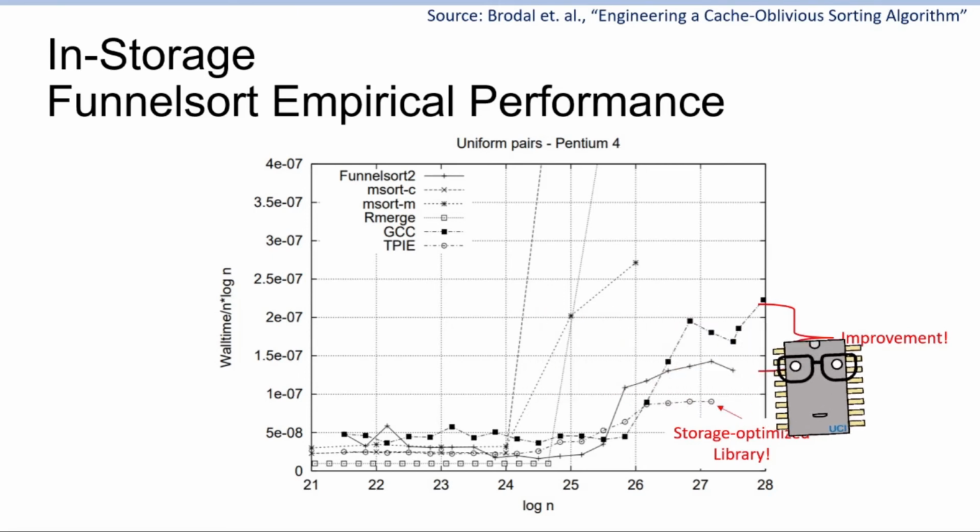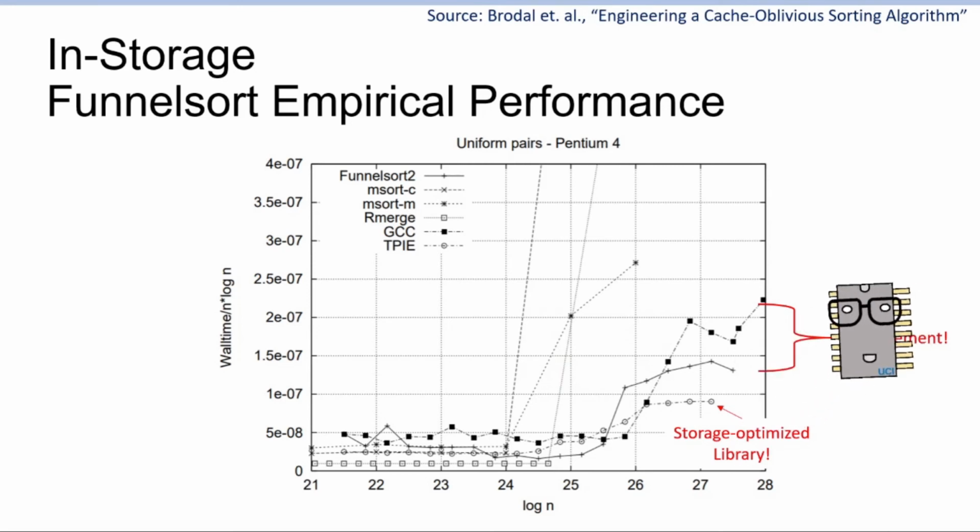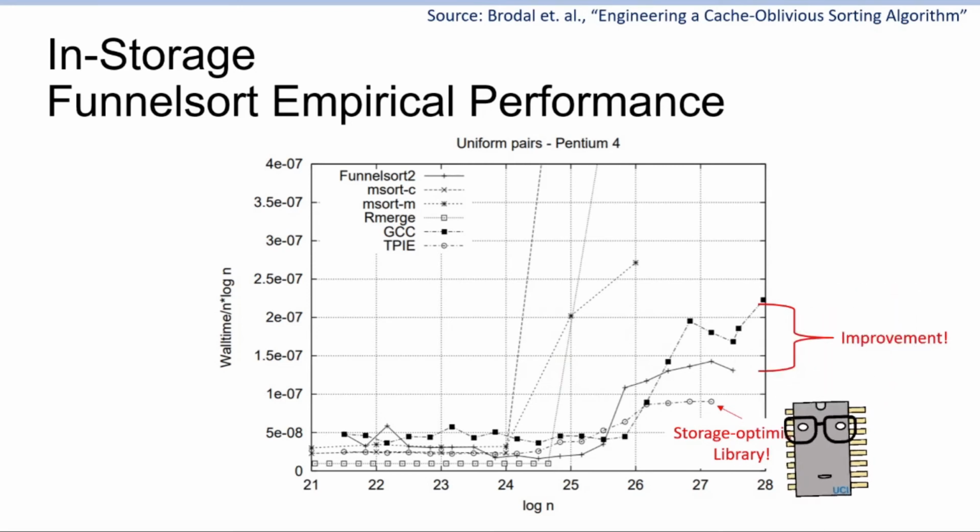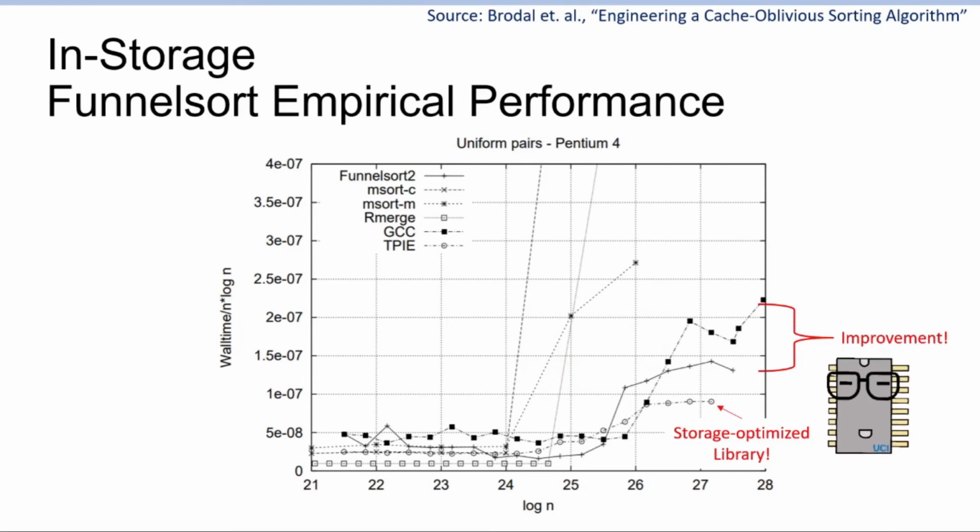And having good caching characteristics by funnel sort here becomes more important as the data set becomes larger. Of course, if you use a storage optimized library, the storage becomes different. But it is a cache oblivious, a storage or memory system oblivious way to consistently get high performance.